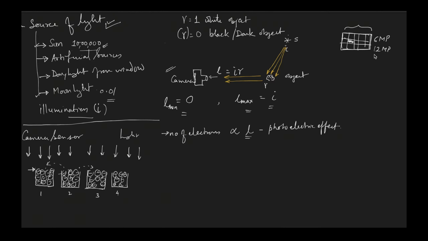If it is 12 megapixels, it has 12 million photodiodes on it, and in that case each photodiode will be much smaller. So if the photodiode is small, then resolution is high, no doubt, but then what is the drawback?